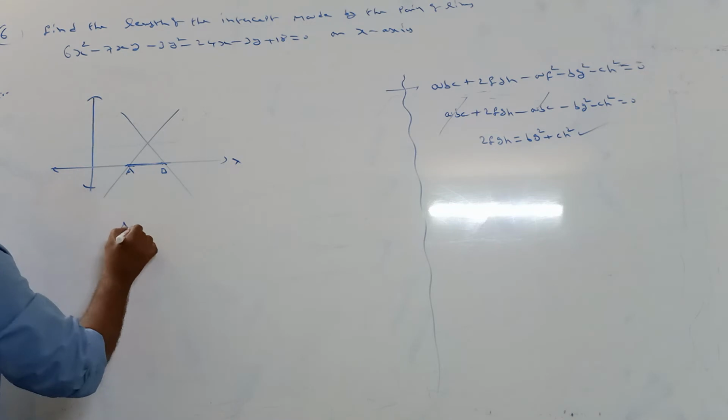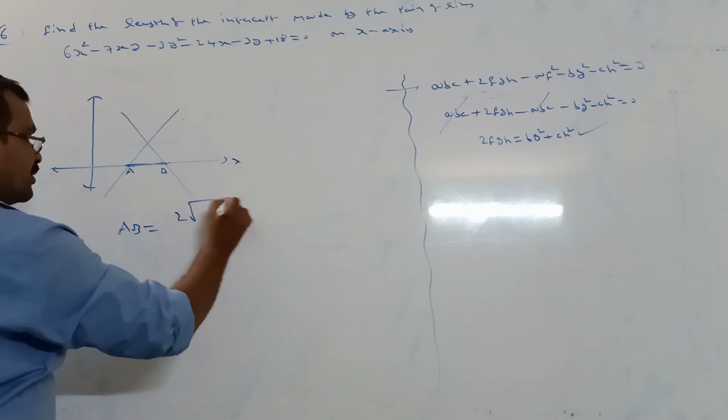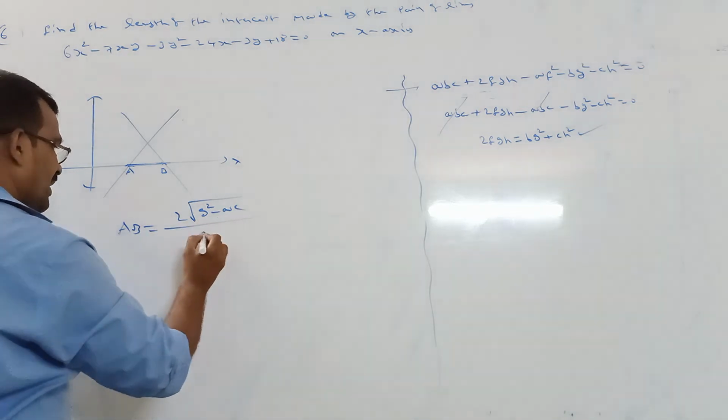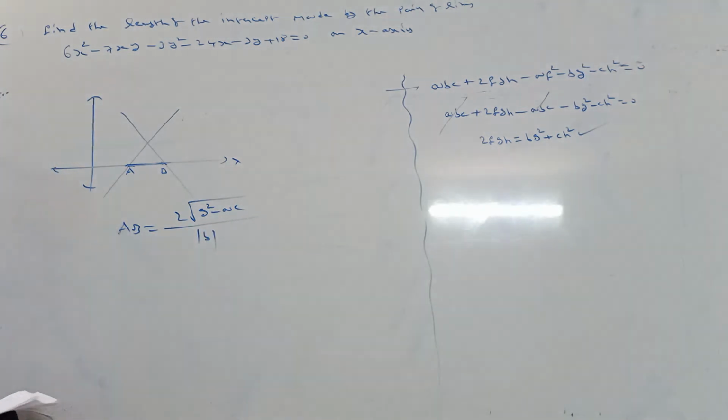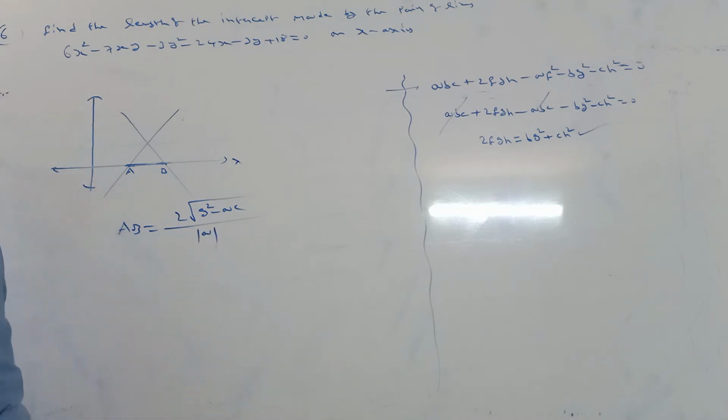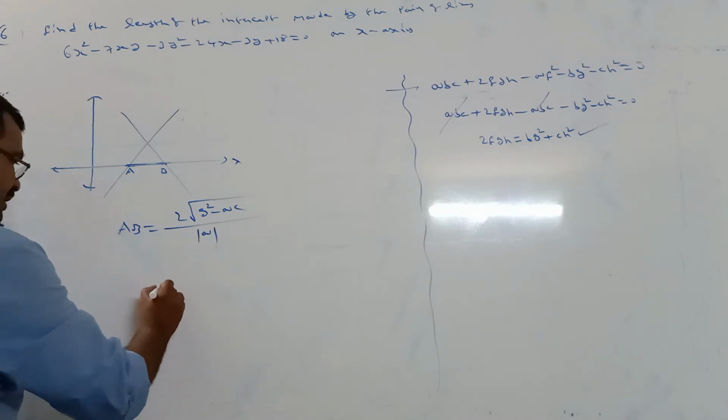We have the formula AB = 2√((g² − ac)/a²), that is, 2 into the square root of g² minus ac by mod a.